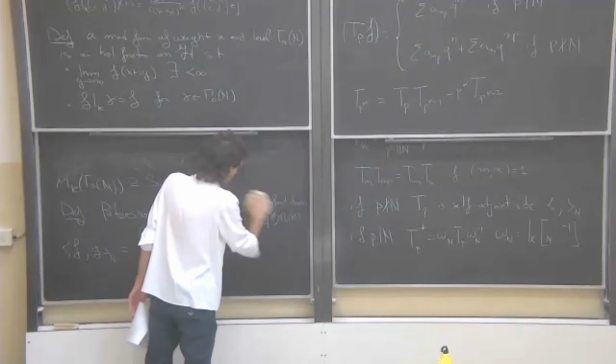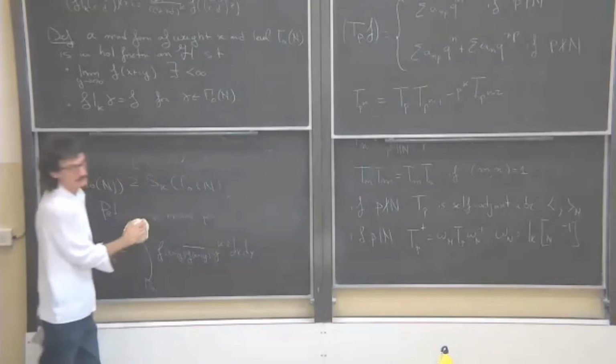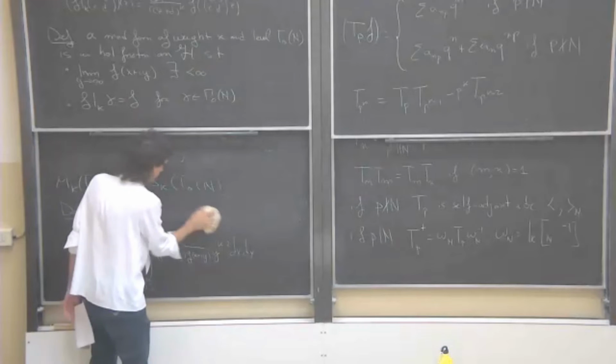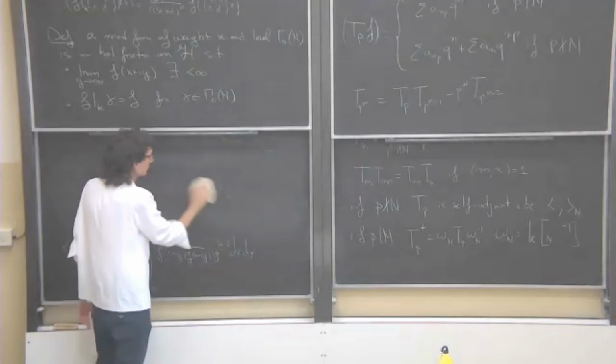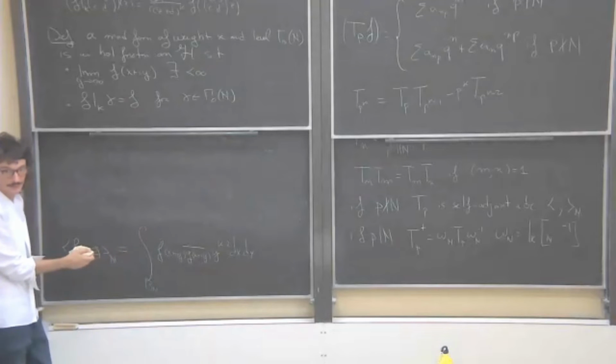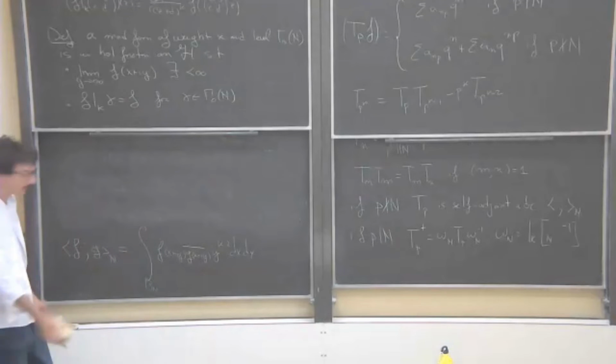So now what we have is a finite dimensional vector space with an inner product and a commutative family of self-adjoint operators, an infinite commutative family of self-adjoint operators.